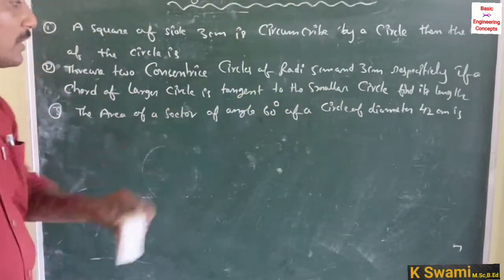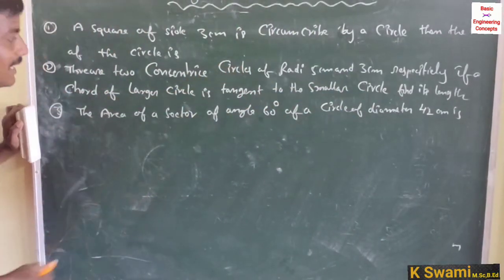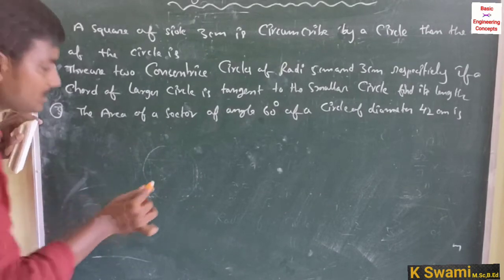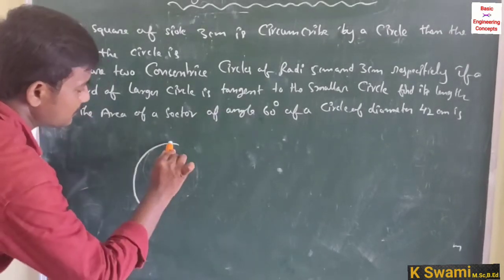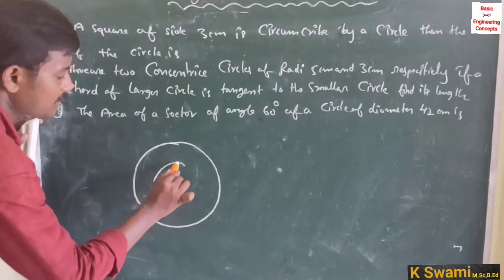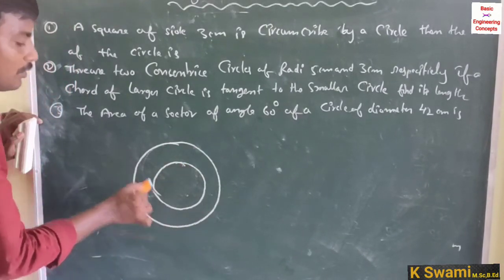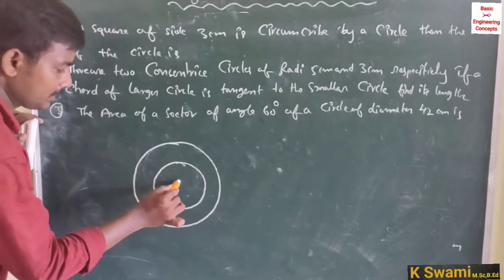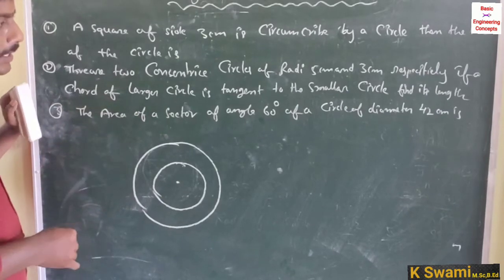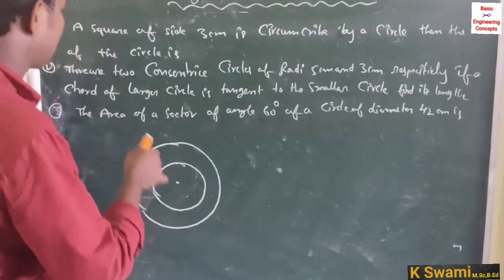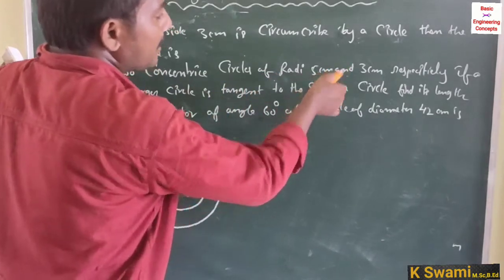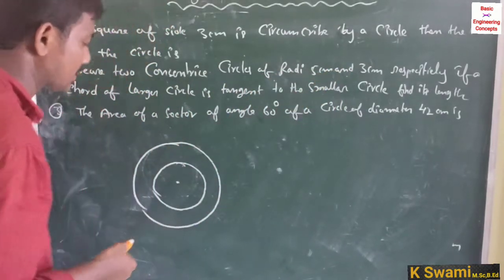Concentric circles means both circles have a common center. Suppose this is one of the circles and this is the smaller circle. So this is the center of the two circles. The radii of the two concentric circles are 5 centimeters and 3 centimeters.